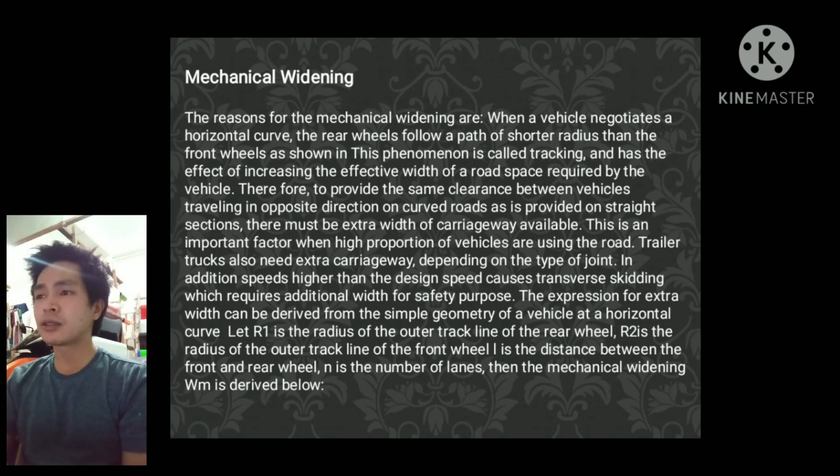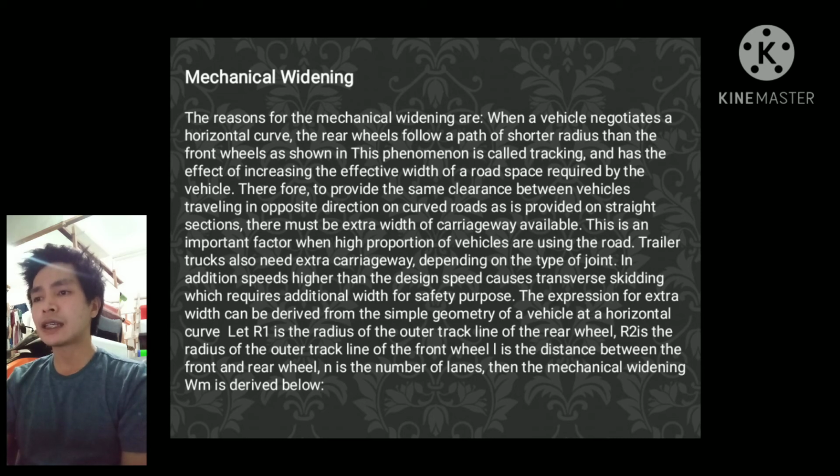Trailer trucks also need extra carriageway depending on the type of joint. In addition, speeds higher than the design speed cause transverse skidding, which requires additional width for safety purposes. The expression for extra width can be derived from the simple geometry of a vehicle at a horizontal curve.